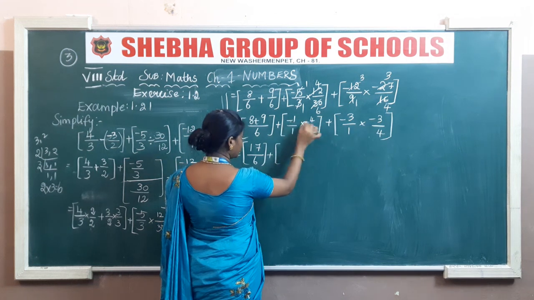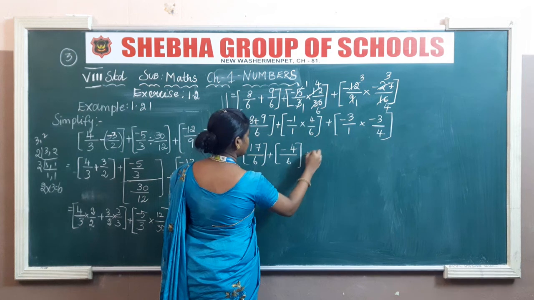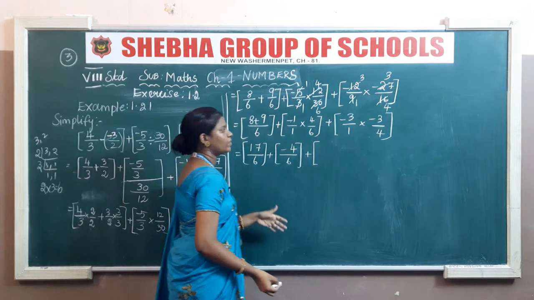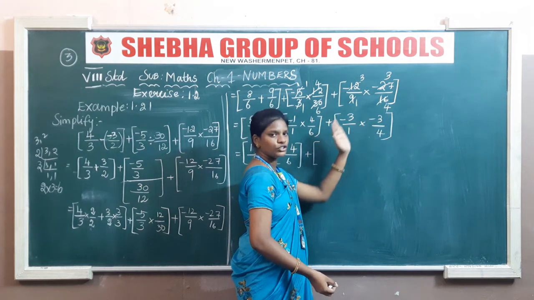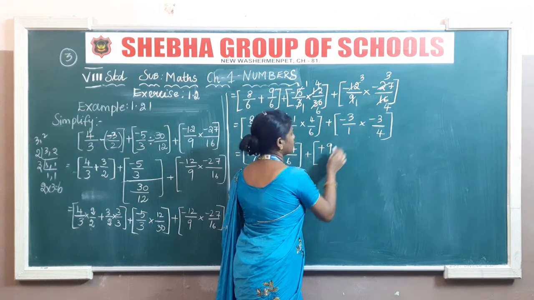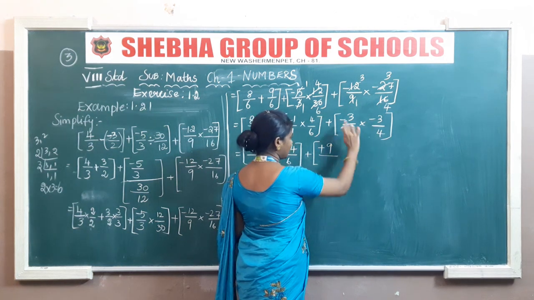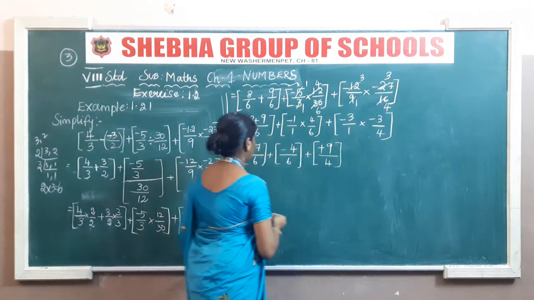Minus into minus 1 into 4 is minus 4 by 6, plus minus 3 by 1 into minus 3 by 4. 3 3s are 9, minus into minus should be plus, so plus 9, because the signs are the same, we take add.